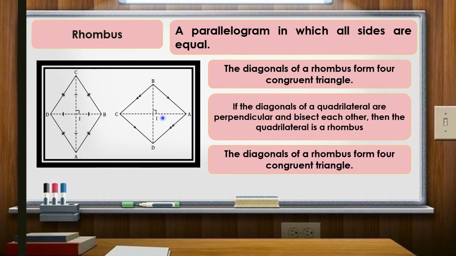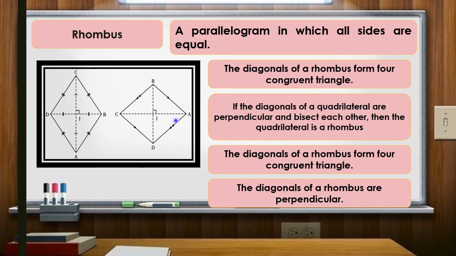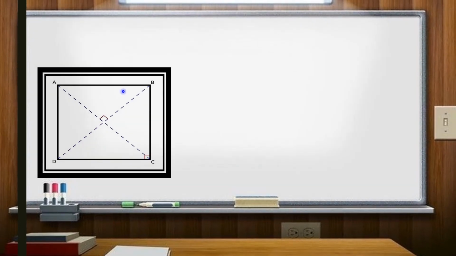Next. So the diagonals of a rhombus form four congruent right triangles. So it's repeated. And the diagonals of a rhombus are perpendicular. As I said a while ago, those are the perpendicular bisectors, which are BD and AC. This is a picture of figure 3, which is an example of a square.